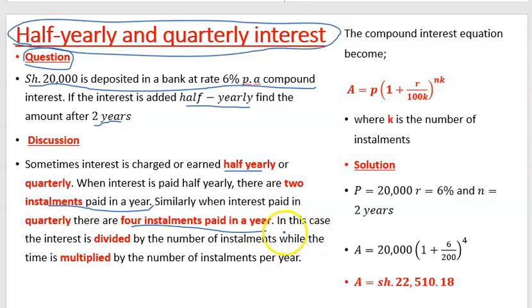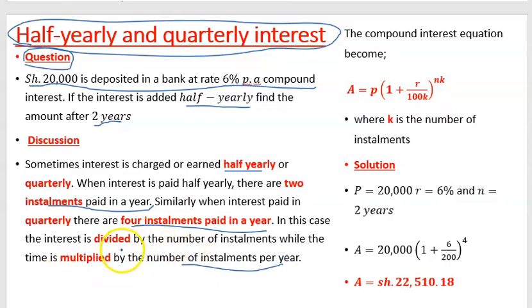So in those cases where it's either half yearly, quarterly, or monthly, the interest rate is divided by the number of installments, while the time is multiplied by the number of installments.